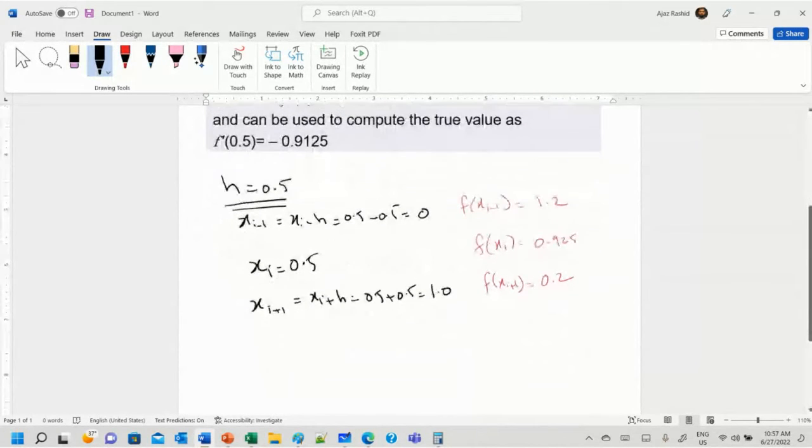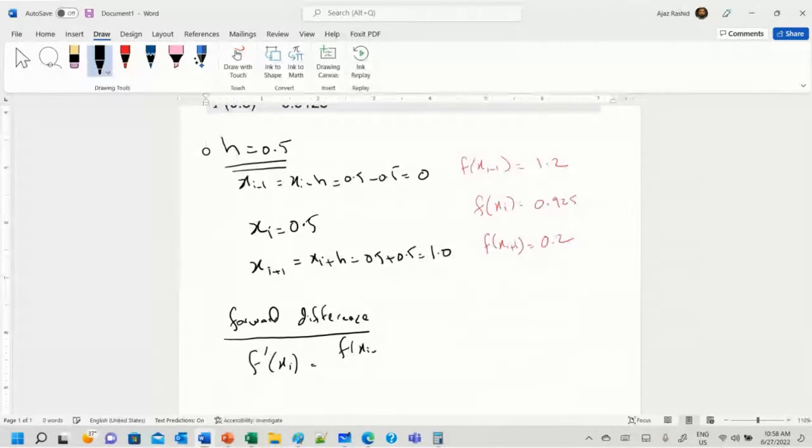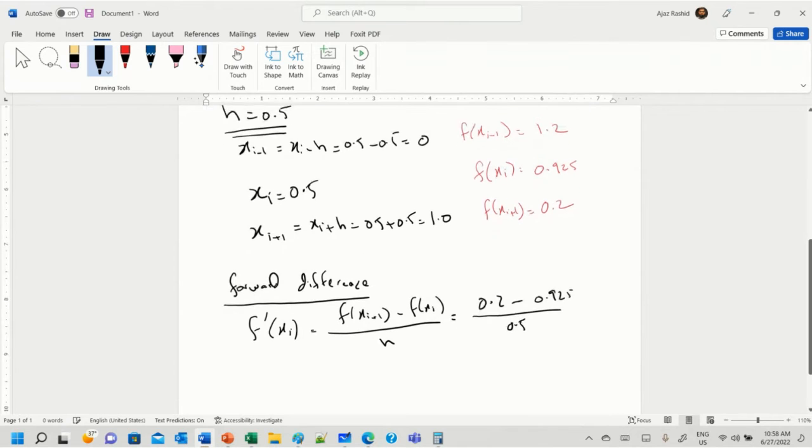Now I can use the forward difference. It says the derivative at xi is f of xi plus 1 minus f of xi divided by h. So that's 0.2 minus 0.925 over 0.5, which is the h.